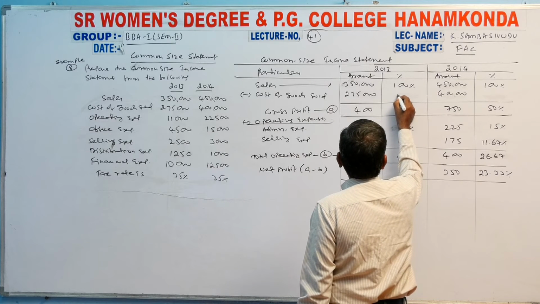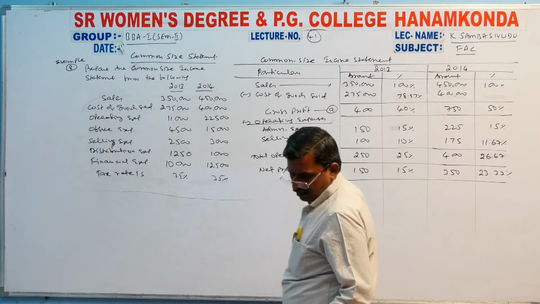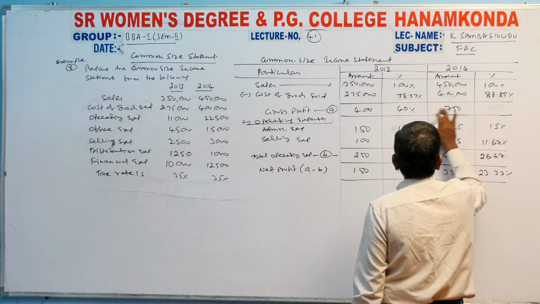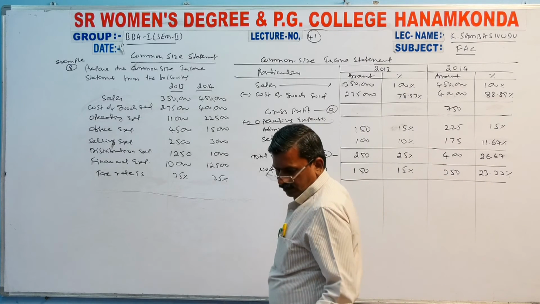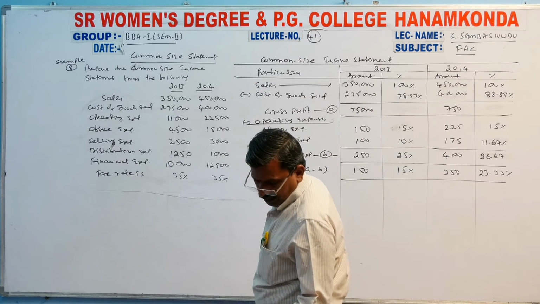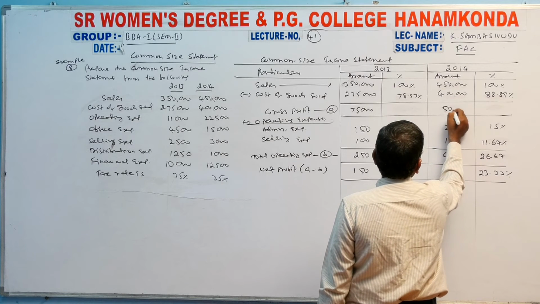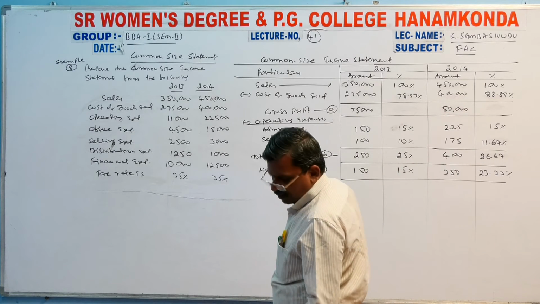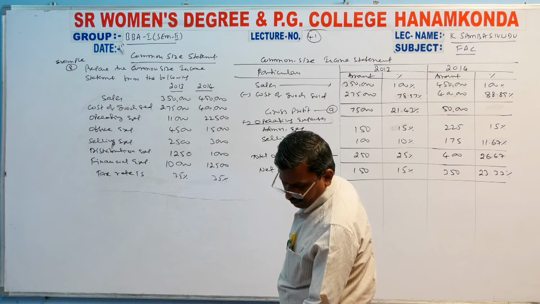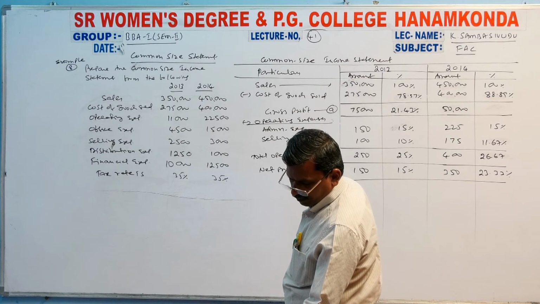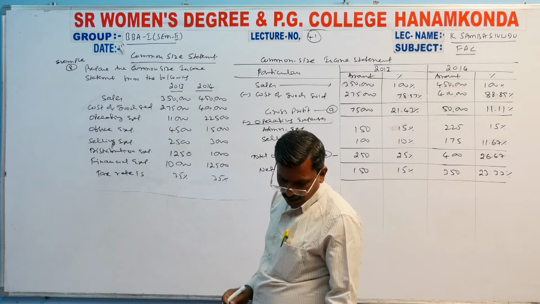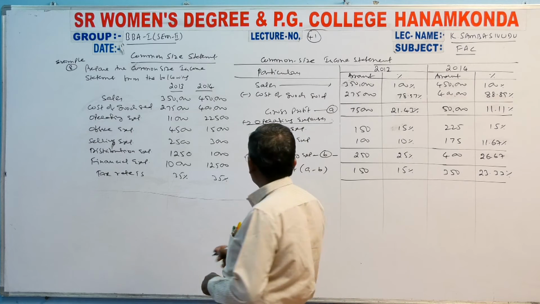That is 78.57%, then 88.89%. Gross profit 75,000 and 50,000, that is 21.43% and 11.11%. And office, distribution and selling, that is operating expenses.